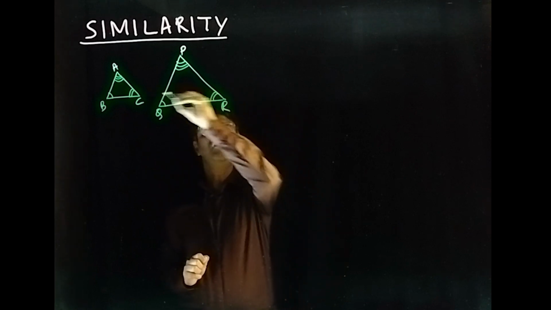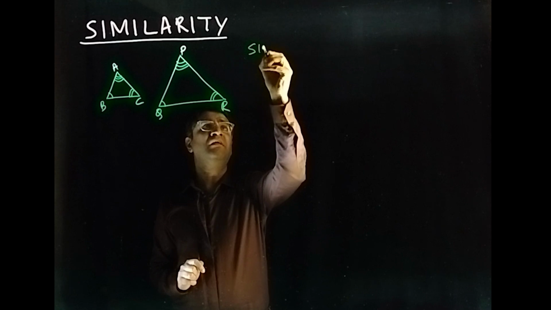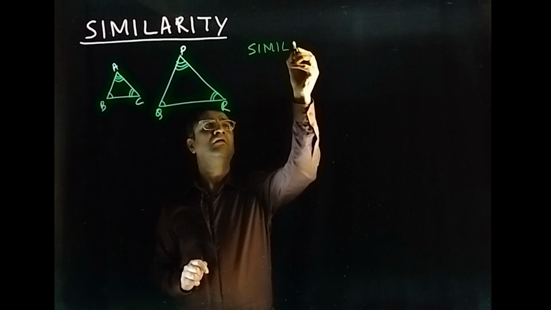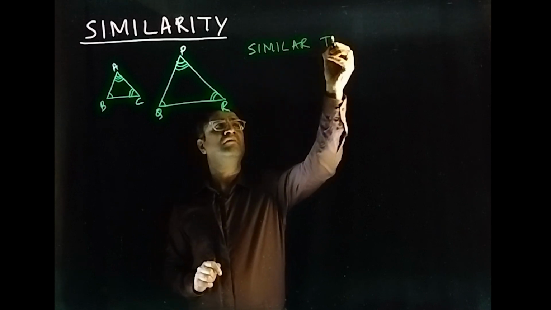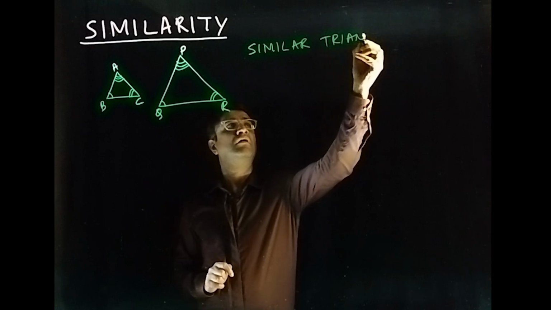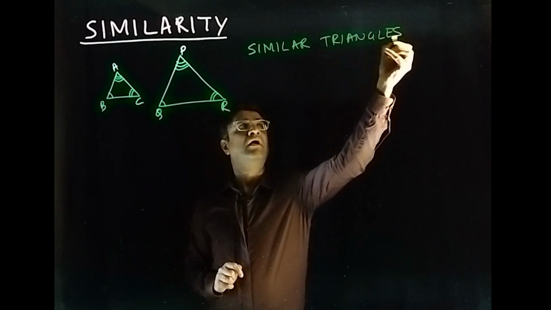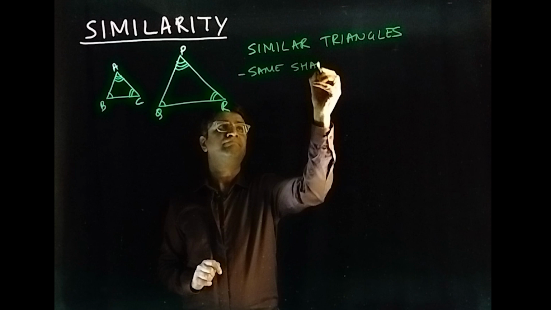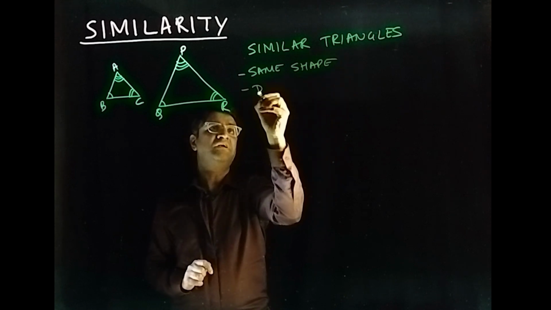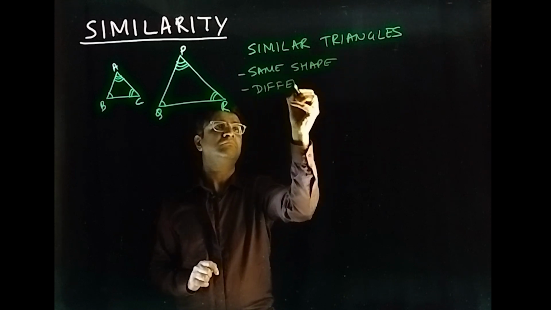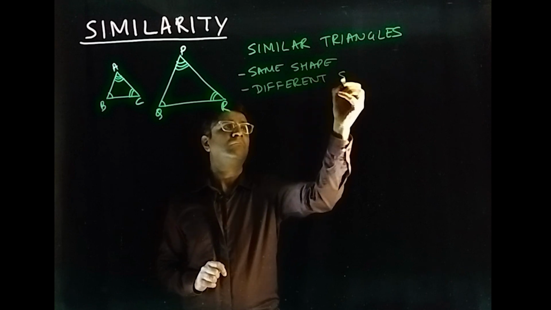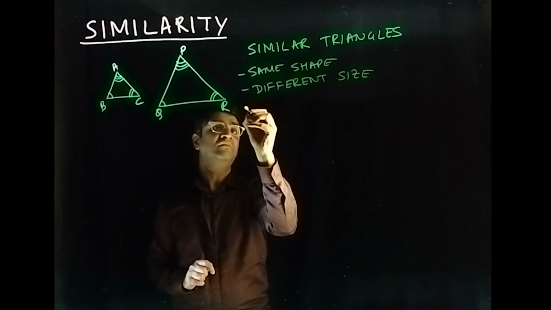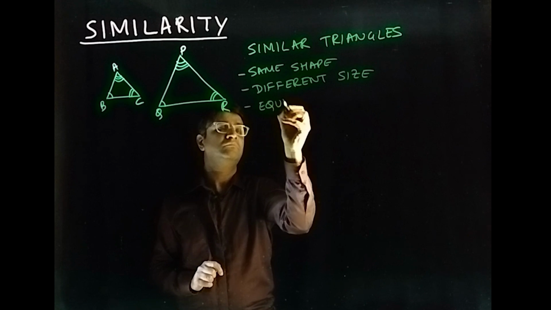That's why these two triangles are similar triangles, having same shape, different size, and equiangular.